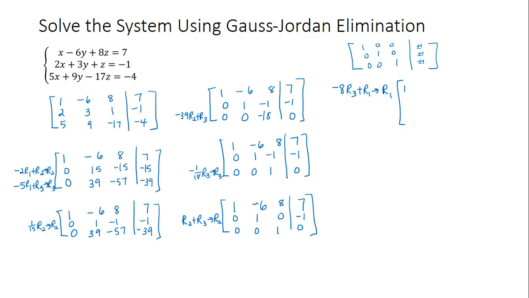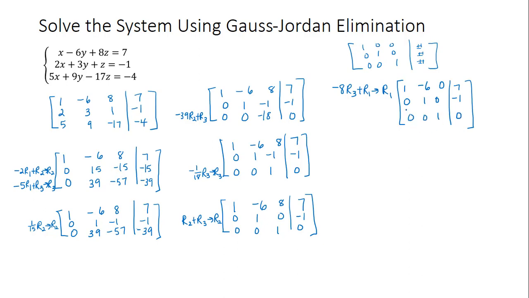Negative 8 times 0 is 0, plus negative 6 is negative 6. Negative 8 times 1 is negative 8, plus 8 is 0. And then negative 8 times 0 is 0, plus 7, which is 7. And then my row 2 and row 3 stays 0, 1, 0, negative 1, 0, 0, 1, 0.